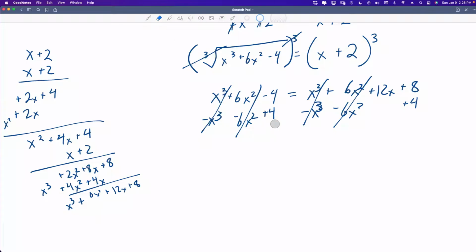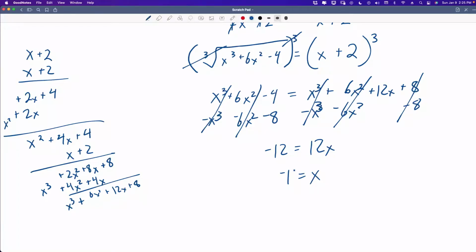Actually, instead of subtracting 4 from both sides, what if we subtract 8? Let's subtract 8. All right, so then this cancels, so we're left with negative 12 is equal to 12x. So when we divide both sides by 12, we get negative 1 is equal to x. All right, and that is our solution.